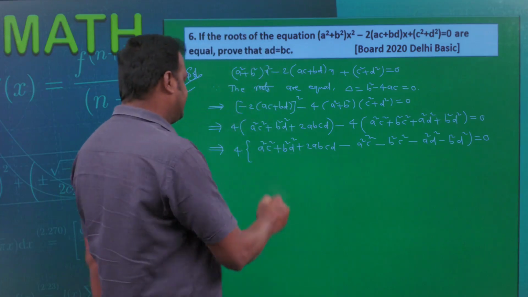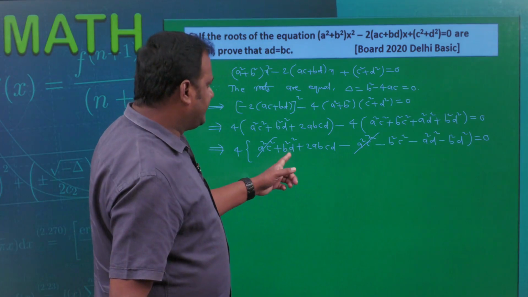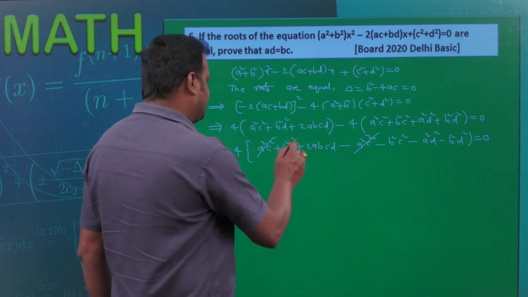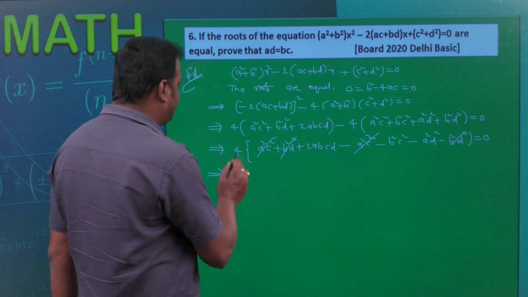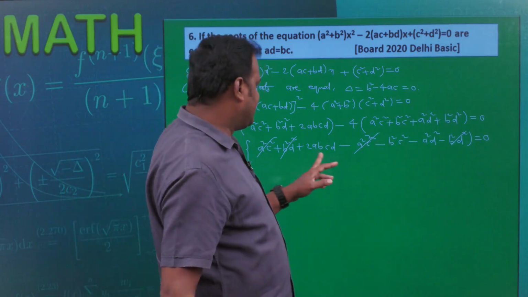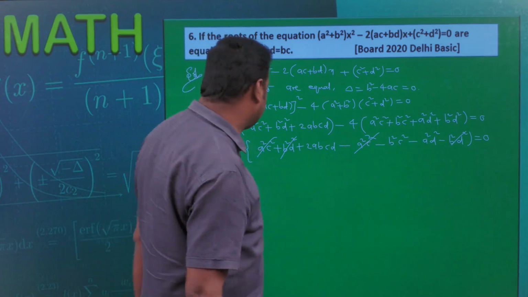See the cancellation: a square c square cancels. B square d square is there, b square d square is also there. These two get cancelled. So remaining we have 4 into the entire thing, but this is positive, this is negative, this is negative, so I am going to take one minus also common.